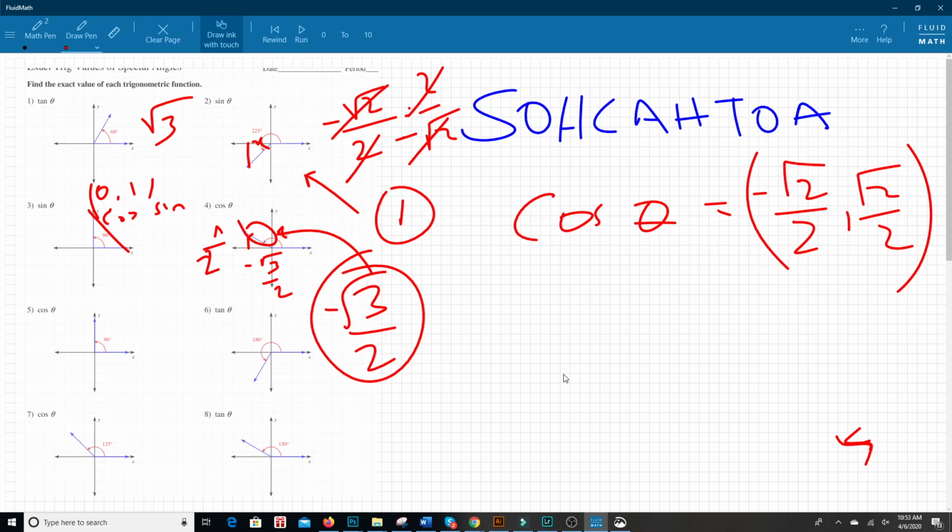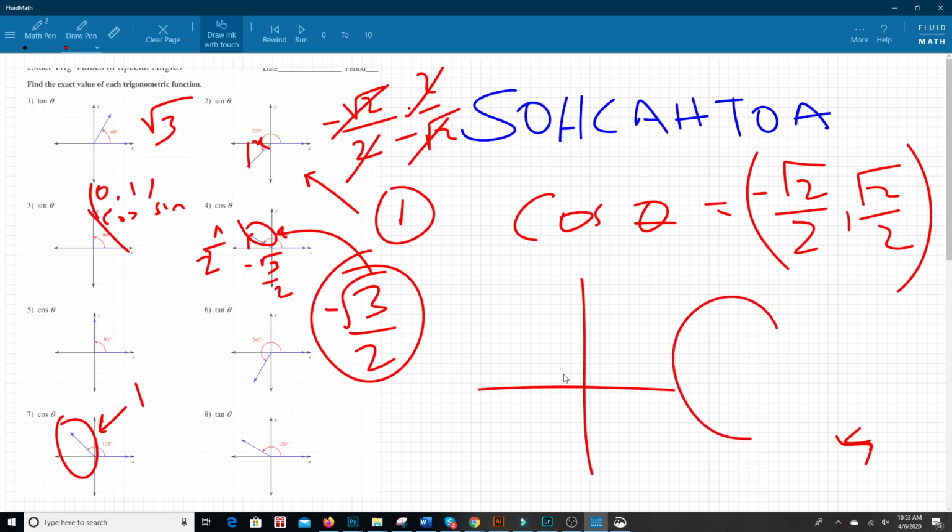So we look at the cosine again. Keep in mind that this blue line is equal to 1, because of the hypotenuse. The hypotenuse in a unit circle is equal to 1.